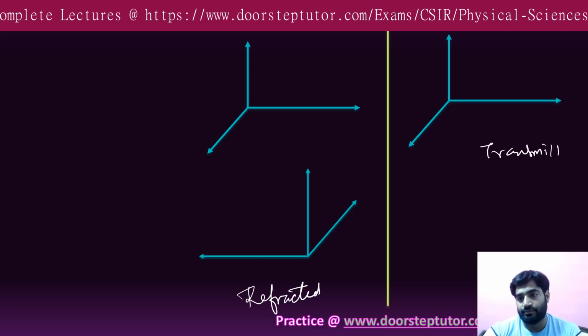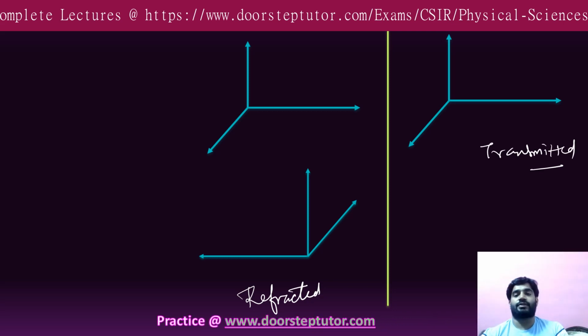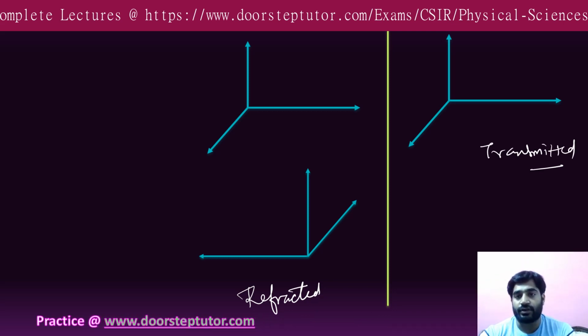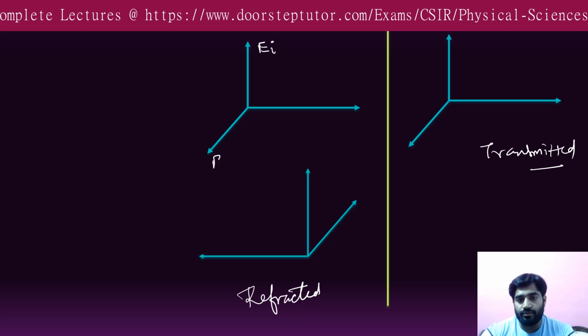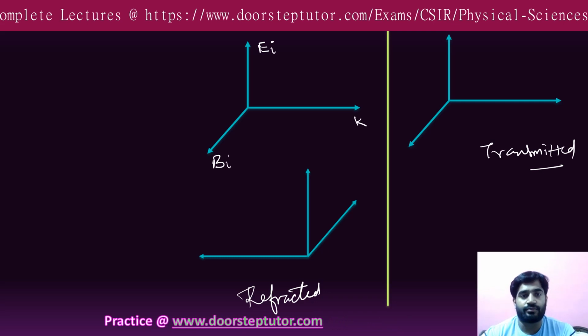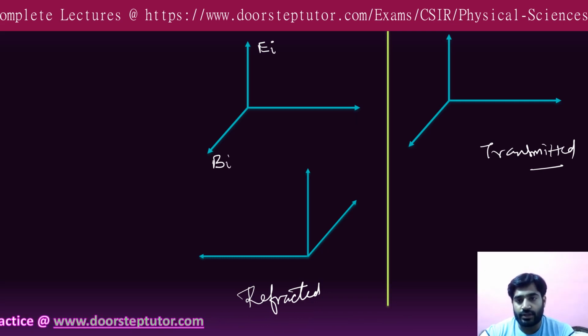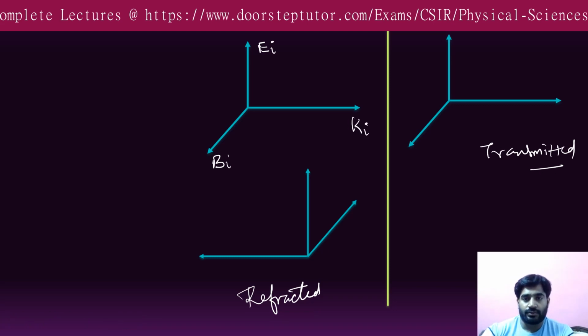If you see the case of incident and transmitted, the pattern is exactly the same. The only difference is the medium. So this is Ei, this is Bi, and this one is K, or better to say Ki. After reflection, this becomes Kr.